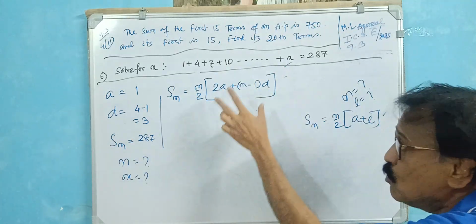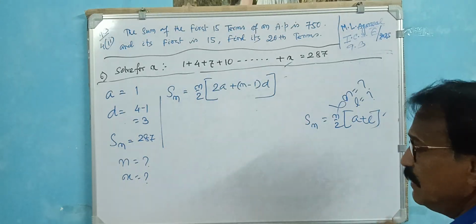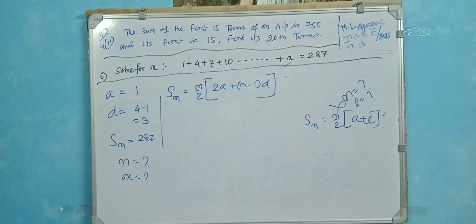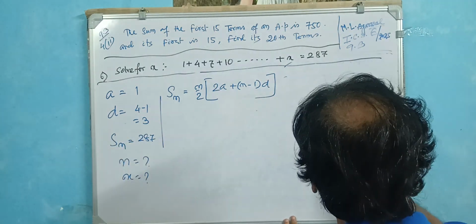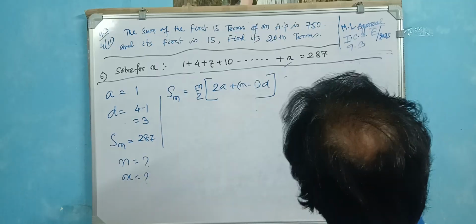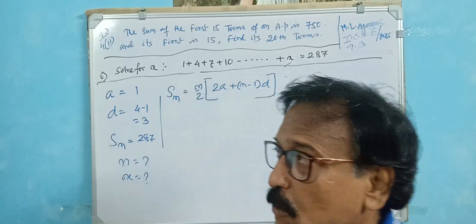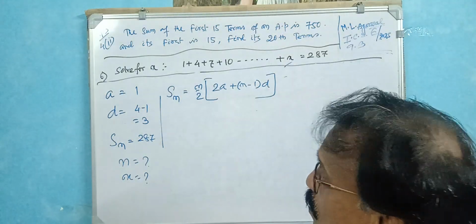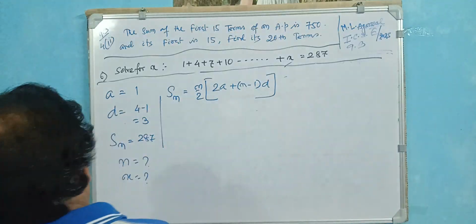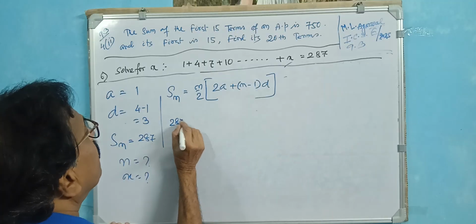From this equation you apply. Don't use the other one, in that formula it cannot be solved. So which formula you apply, that is very interesting. The decision in your exam hall depends on you. You know the two formulas, but which formula you apply? Clear? So put in the proper formula.